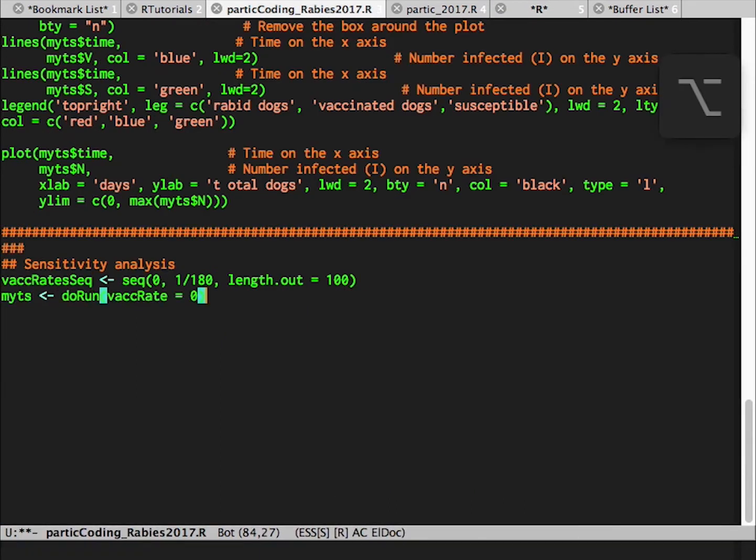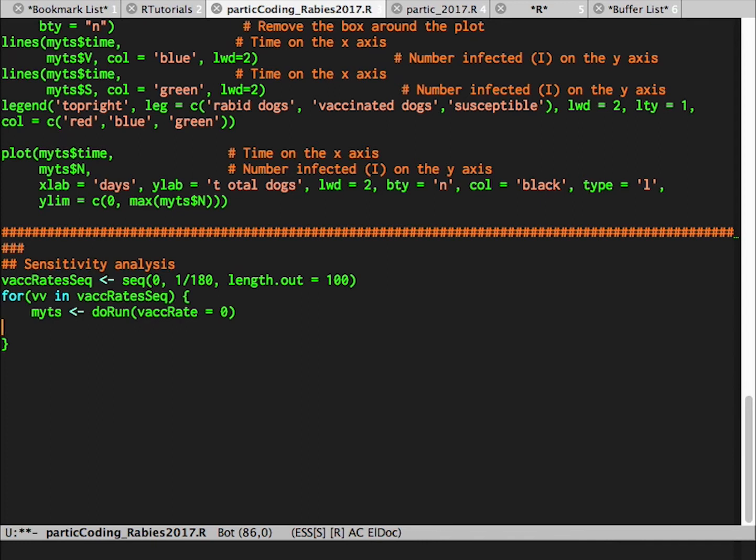Okay, so we have this. For each of the values in this sequence, we're going to run this function, and then we're just going to collect the number infected at the last point in time, right?